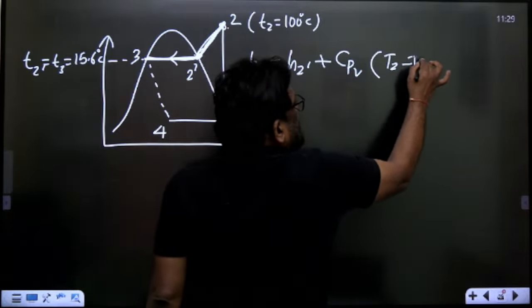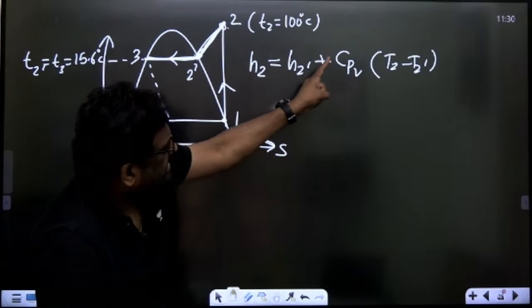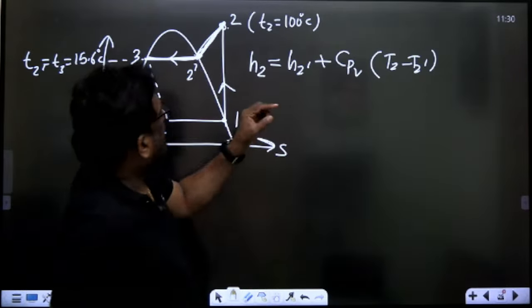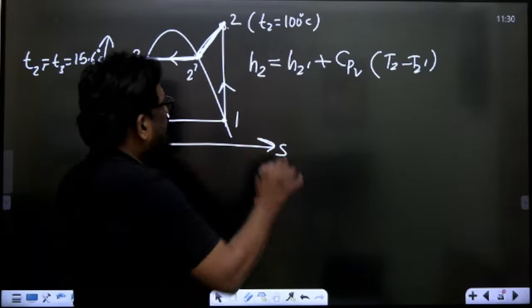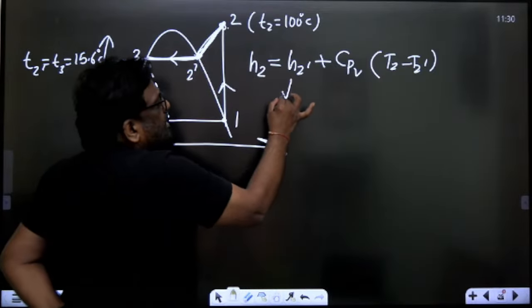You can use this equation for calculating this, listen carefully, sir. H2 is H2 dash plus Cp of vapor into T2 minus T2 dash. Here, let me tell you one more thing: do you know H2 dash, sir? Absolutely, sir. What is the meaning of H2 dash, anyone?